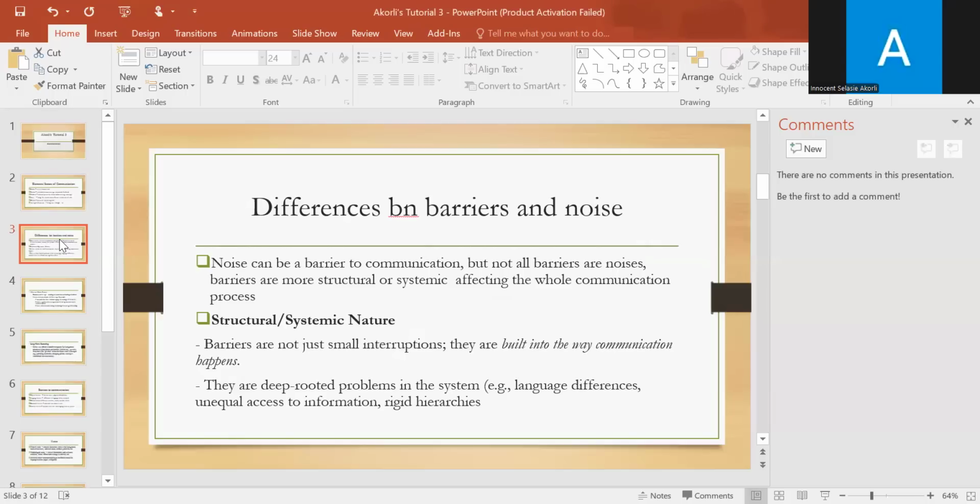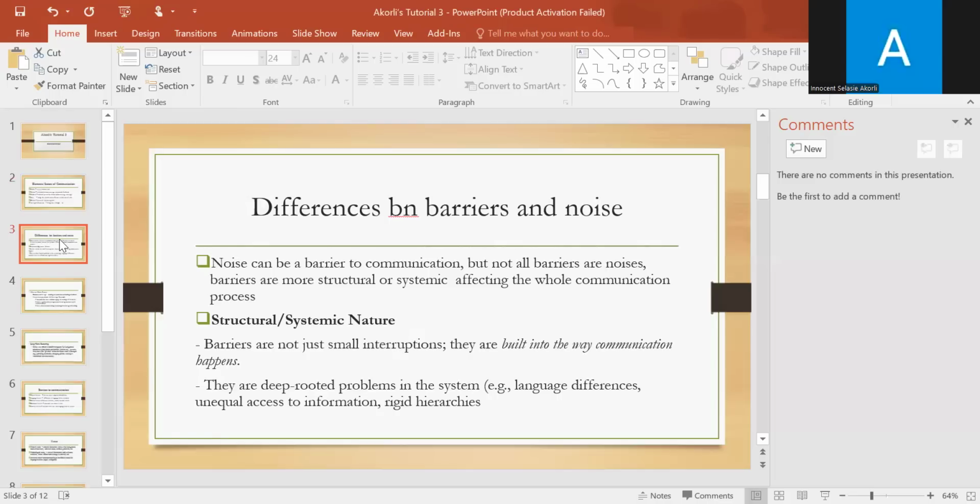Now, talking about noise brings to focus the difference between noise and barriers to communication. I'll try to explain this a bit. Noise can be a barrier to communication, but not all barriers are noises. Barriers are more structural and systemic.